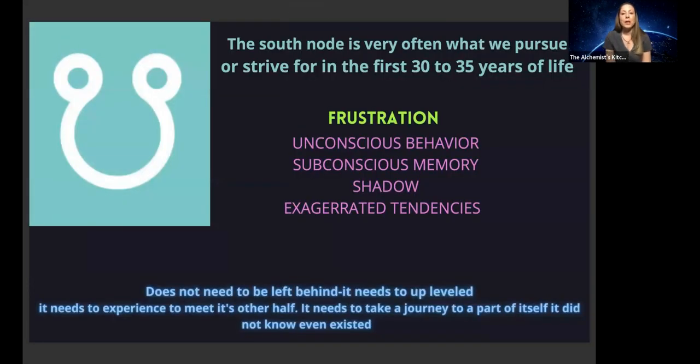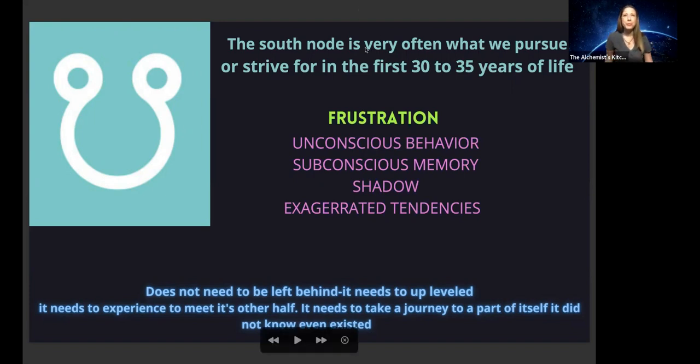Okay. The South Node is very often what we pursue, or what we strive for in the first 30 to 35 years, sometimes longer. So earlier in life, many of us are walking through that South Node, and we're trying to get what it is that we want that's based on who we've been over and over and over.